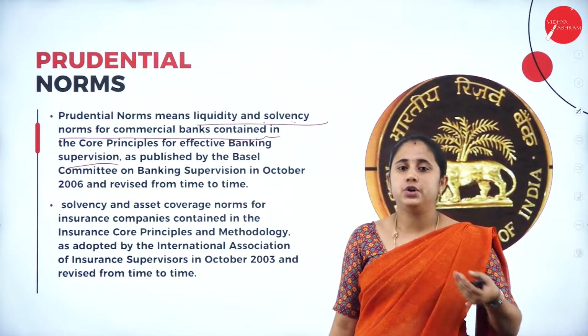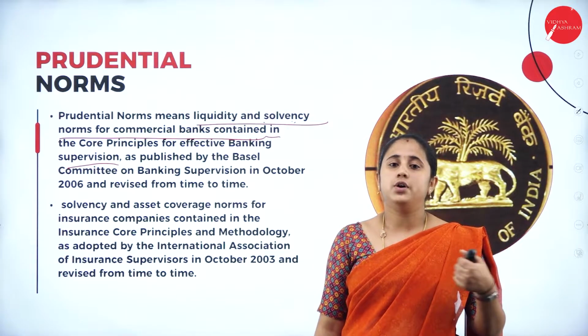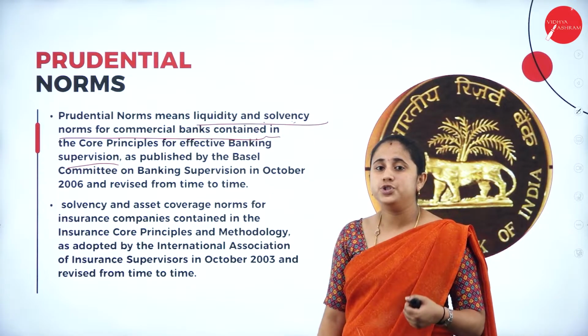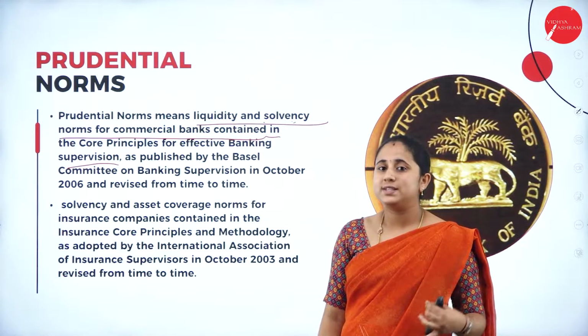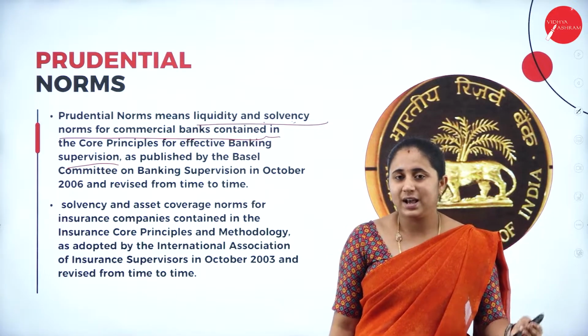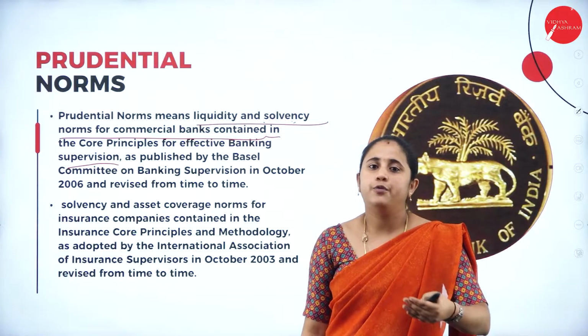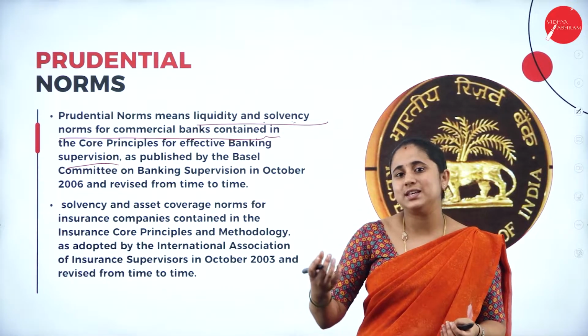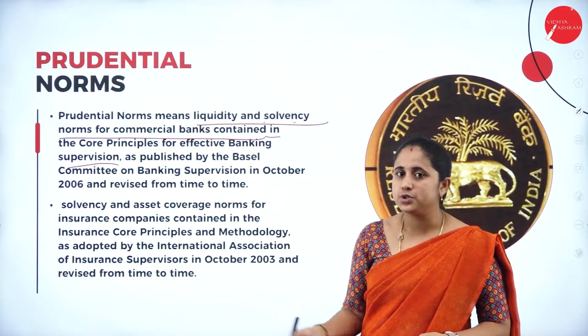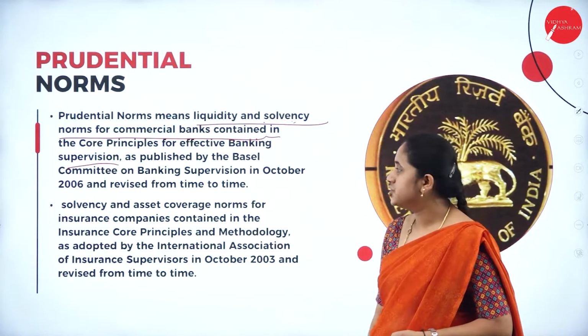Liquid cash is needed to meet expenses and uncertain risk. Then solvency position: commercial banks lend money to their customers, so the solvency ratio arises from those lending purposes. All this we call prudential norm.